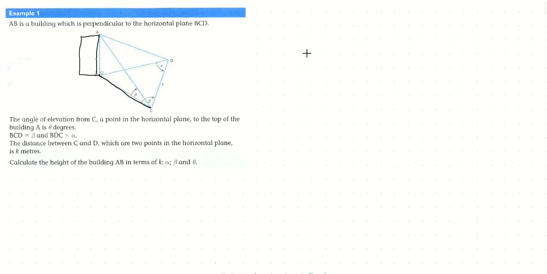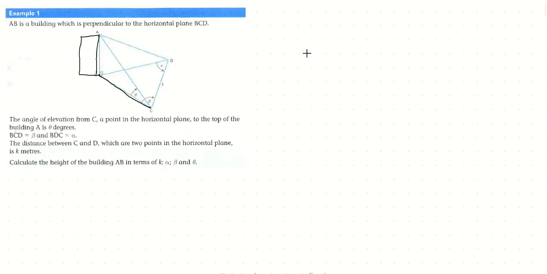Which means now we want to use this bottom triangle to figure out how to determine BC. Now we know we can use the area rule, the sine rule, or the cosine rule. The area rule can't be used because we don't have the area.